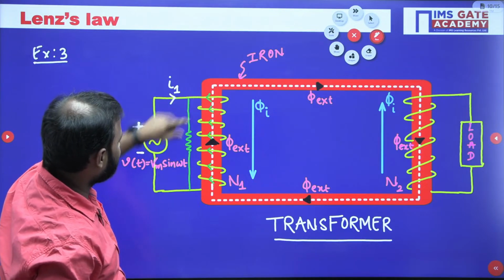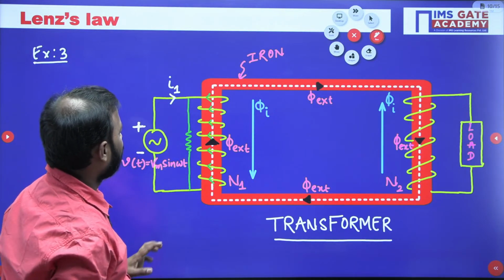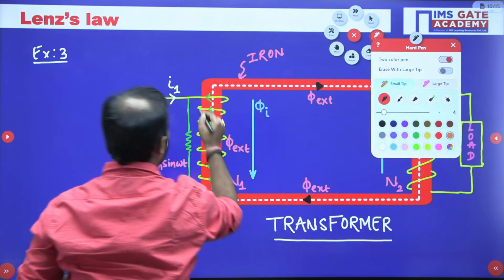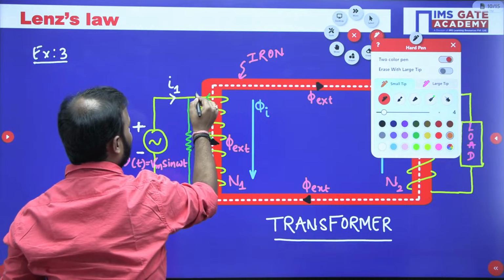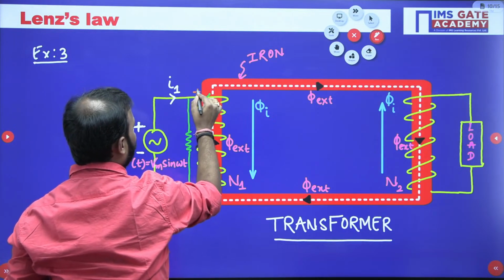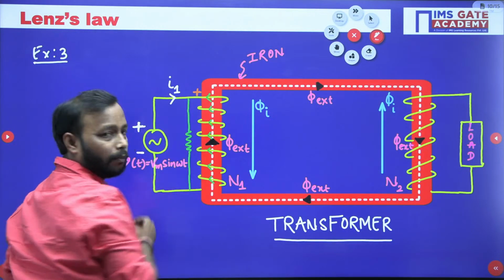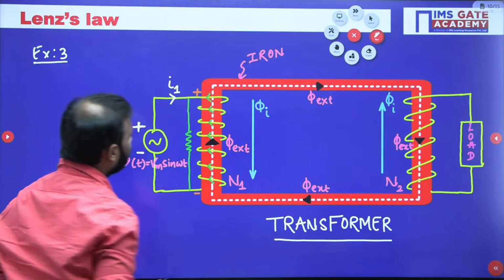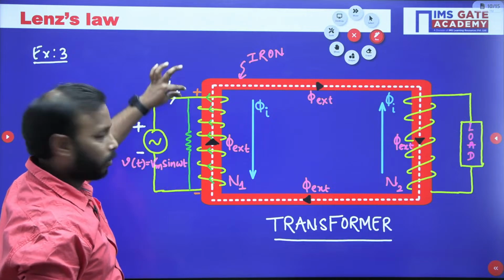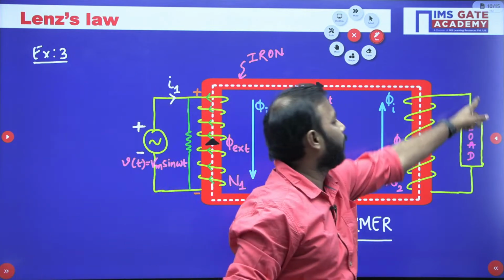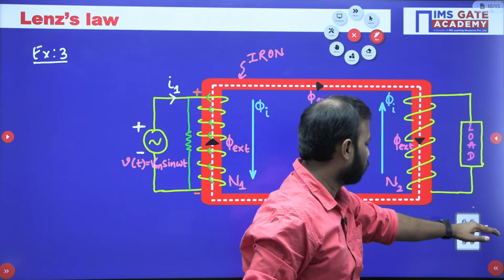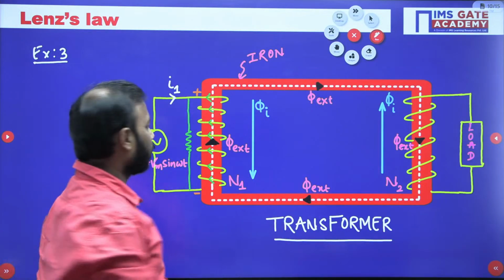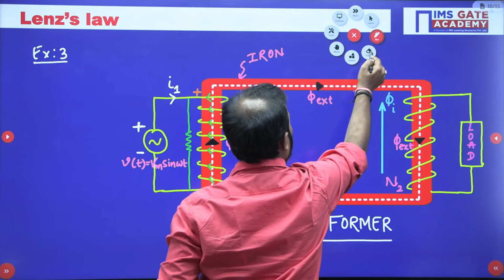This part will be plus and this part will be minus. So this particular node point will be plus and the other will be negative, है ना? आप इसको A और B बोल दो, और यहाँ P and Q बोल दो. So A will be positive and B will be negative.